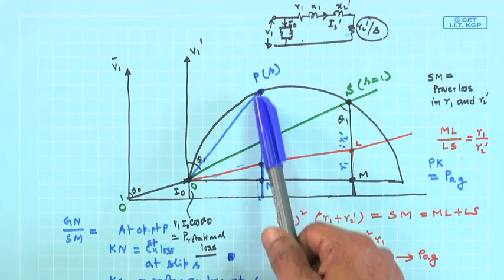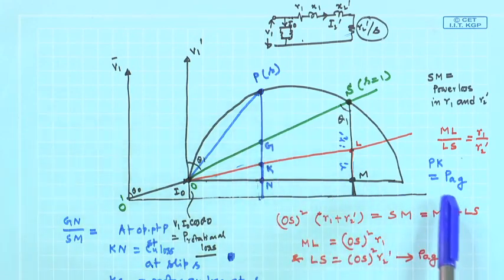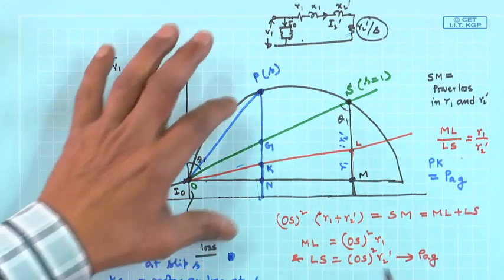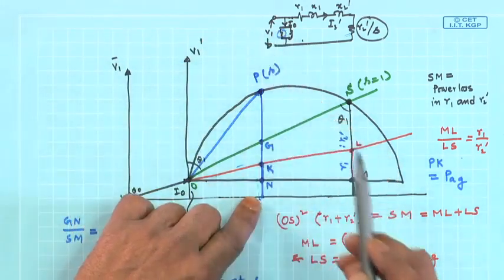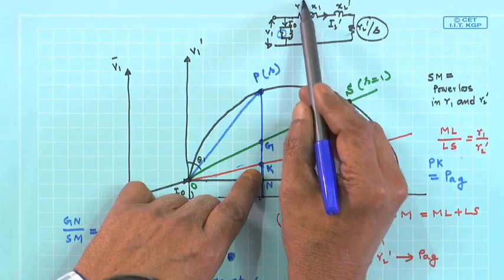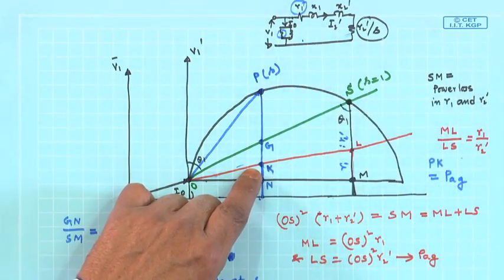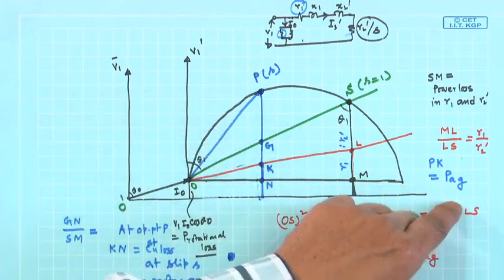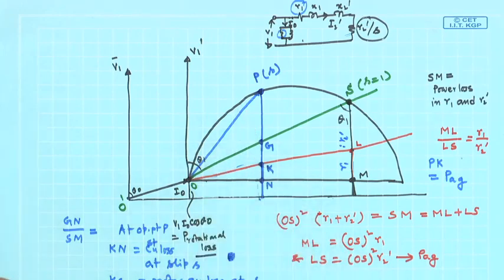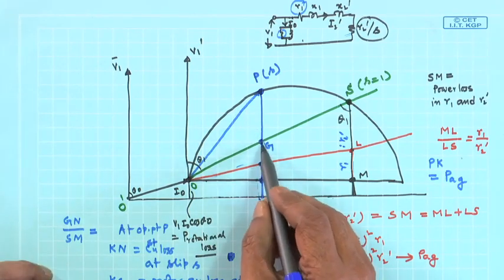Pk, this one must be your air gap power, because total input power is this, from which I have subtracted this power, and then the remaining power is going to the rotor, and that is the air gap power. So, Pk is equal to air gap power, and then I know Gk is also the rotor copper loss.